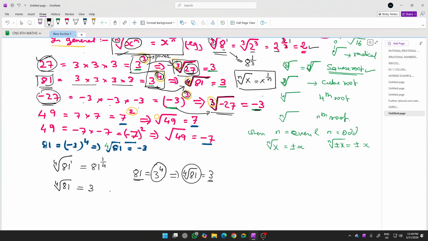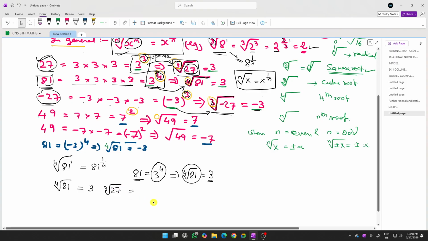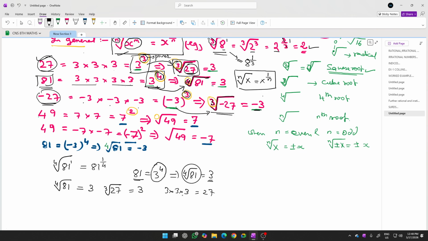Now suppose instead of this 4 you have 3, and you have a 27 over here. This will be read as cube root of 27, and cube root of 27 is also 3, because 3 into 3 into 3 is 27. But then what will cube root of minus 27 be?